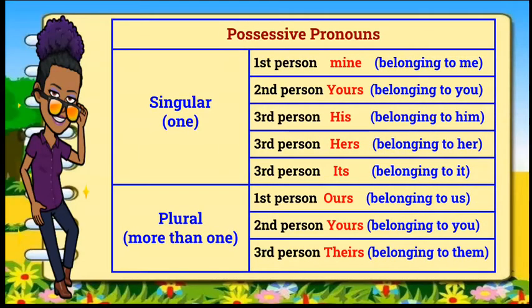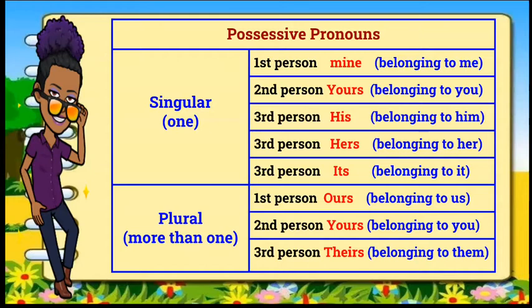Possessive pronouns in relation to singular and plural. And we know that singular means one, plural more than one. So first person singular, mine, belonging to me. Second person singular, yours, belonging to you. Third person singular, his, belonging to him.